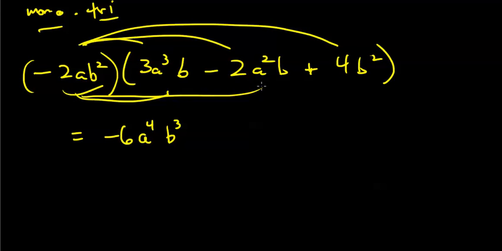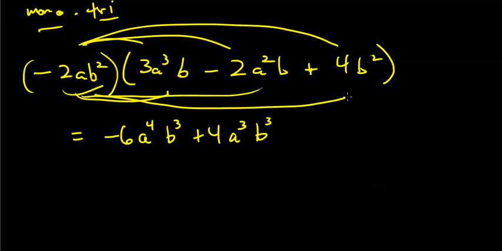Minus 2ab squared times minus 2a squared b will give me a positive 4. And a times a squared is a cubed. And b squared times b is b cubed. So that'll give me the second term.